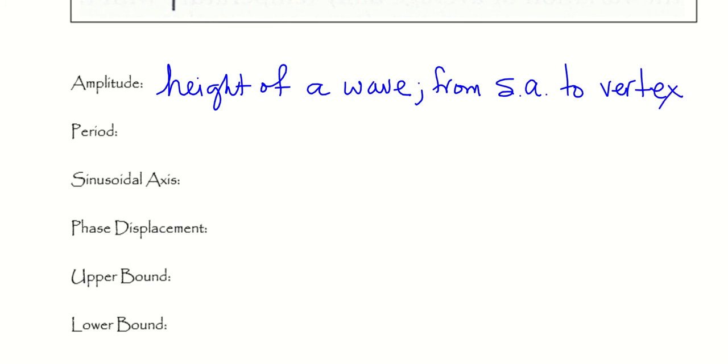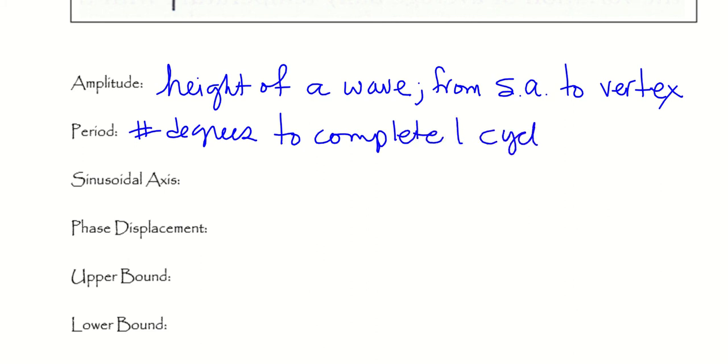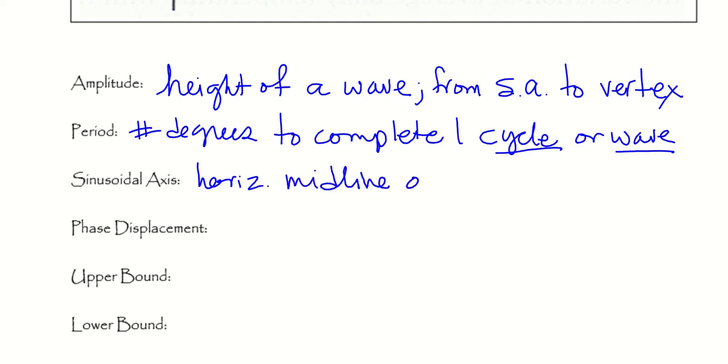The period is the number of degrees required to complete one cycle or wave, both expressing the same thing. The sinusoidal axis is the horizontal midline of the wave, so it cuts that wave in half horizontally.